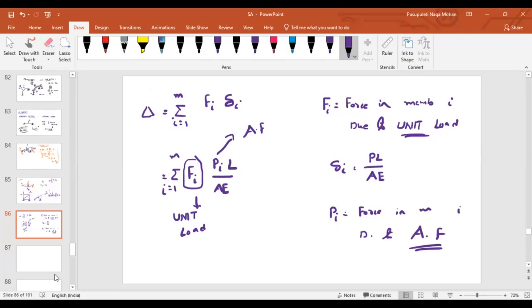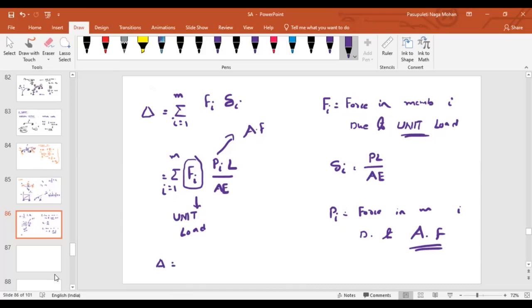So here we have talked about axial force members. Similarly, we can apply the same logic to even beams or frames or anything. In the case of trusses, individual members are connected using the summation.